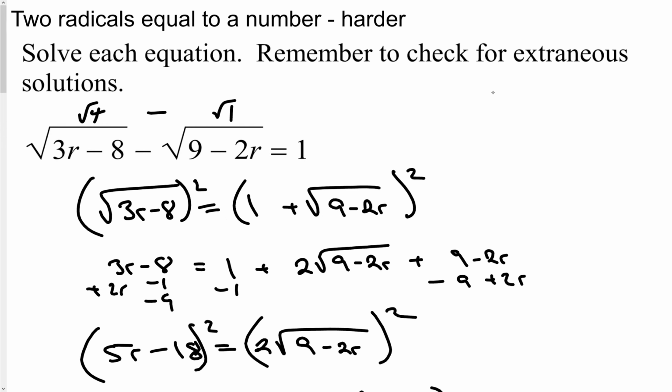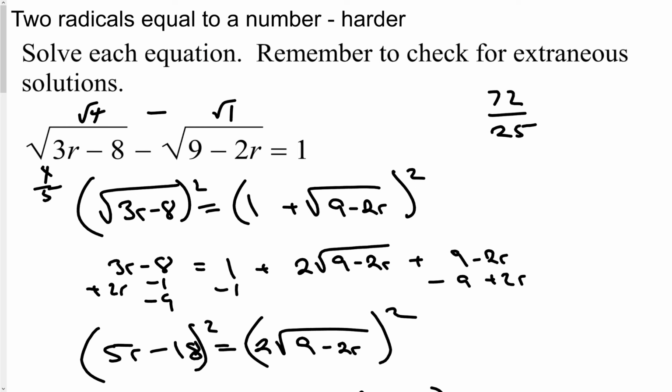Plugging in 72 over 25 is not necessarily going to be that fun. 3 times 72 over 25 minus 8 would give me 16 over 25, which would be, the square root of that would be 4 over 5.